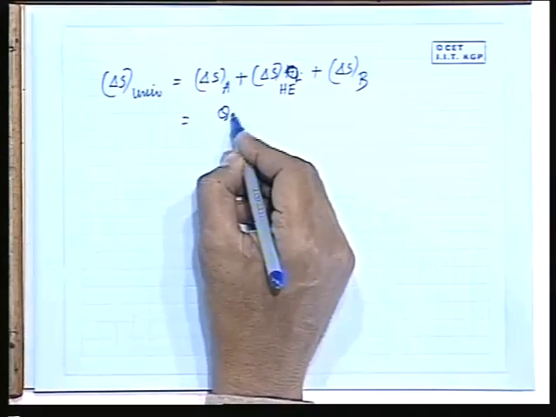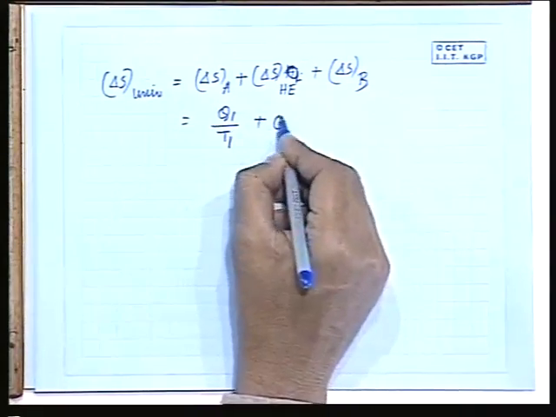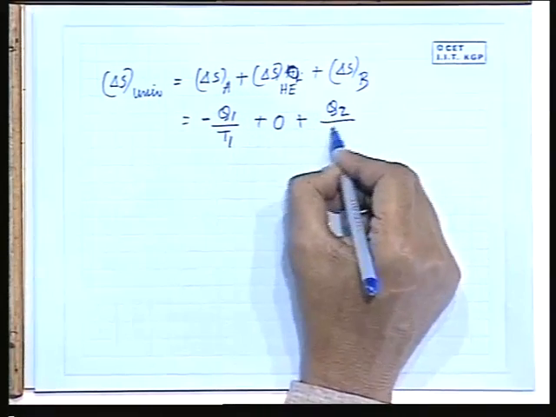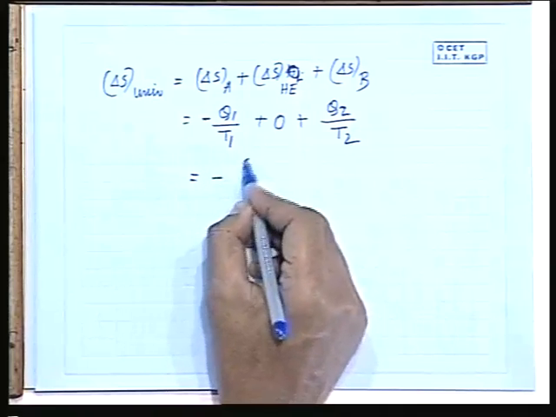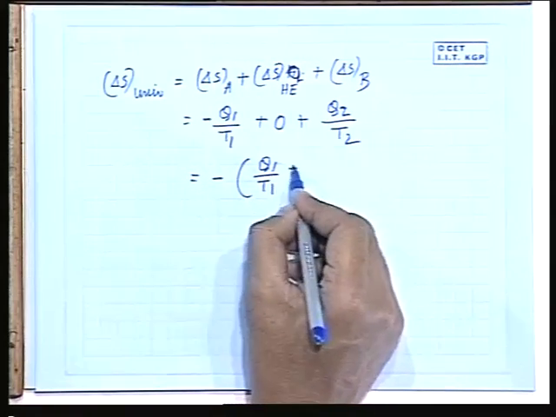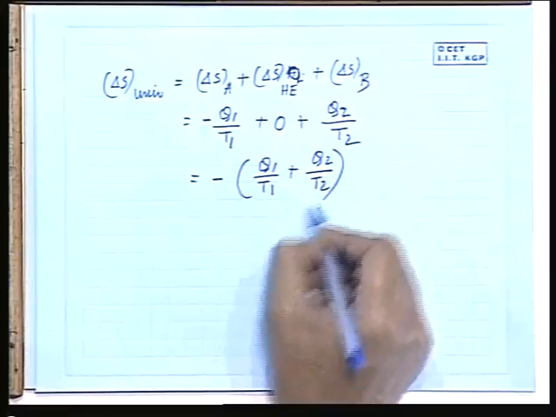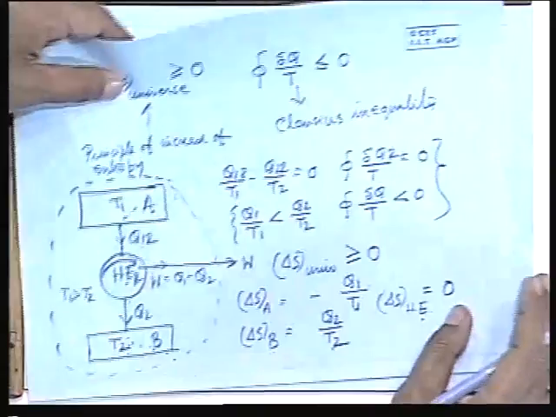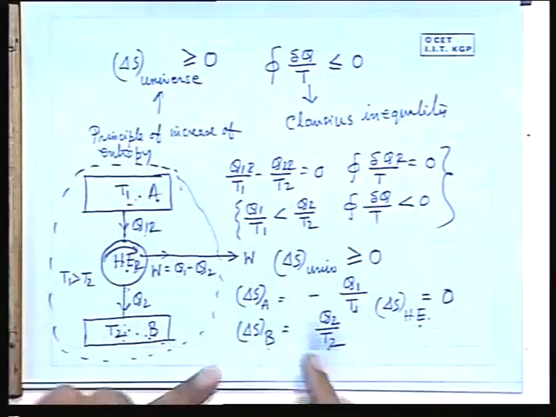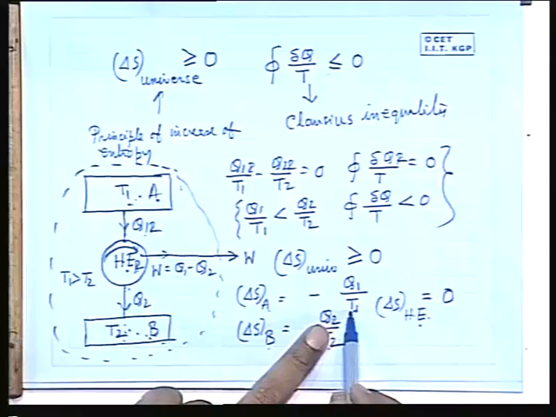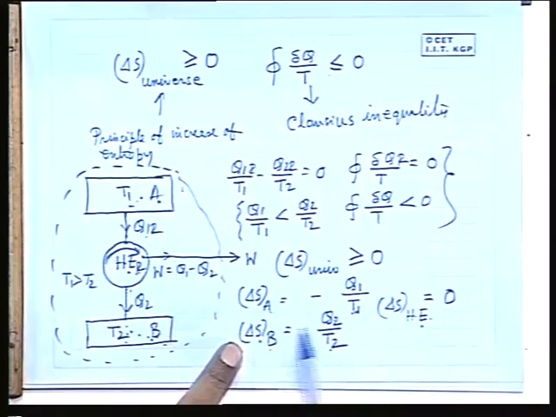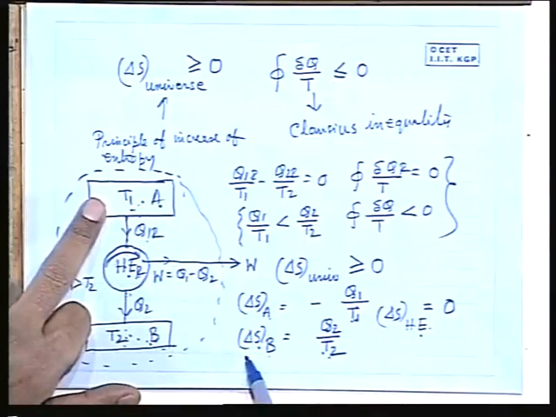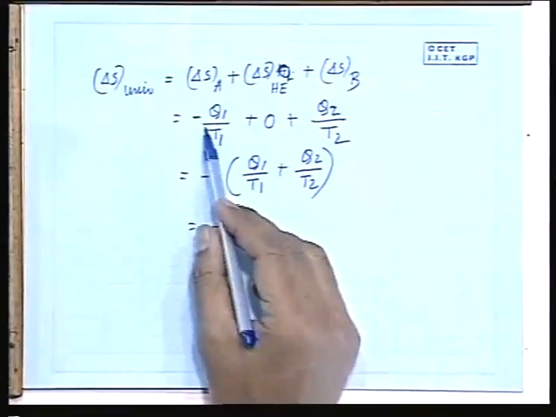So that is minus Q1 by T1 plus 0 plus Q2 by T2. What is this? Our very old known things. Again, we are getting confused. Change of entropy of A is minus Q1 by T1. Change of entropy of B is Q2 by T2. Because the entropy of A is decreased, entropy of B is increased. So this is all right?